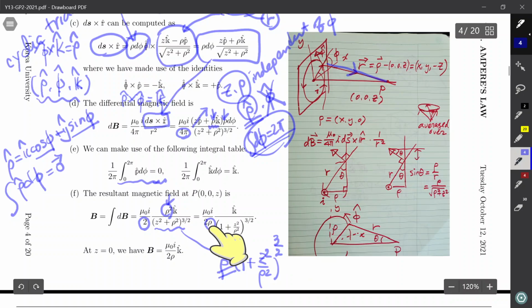At z equals 0, it becomes a very simple formula.